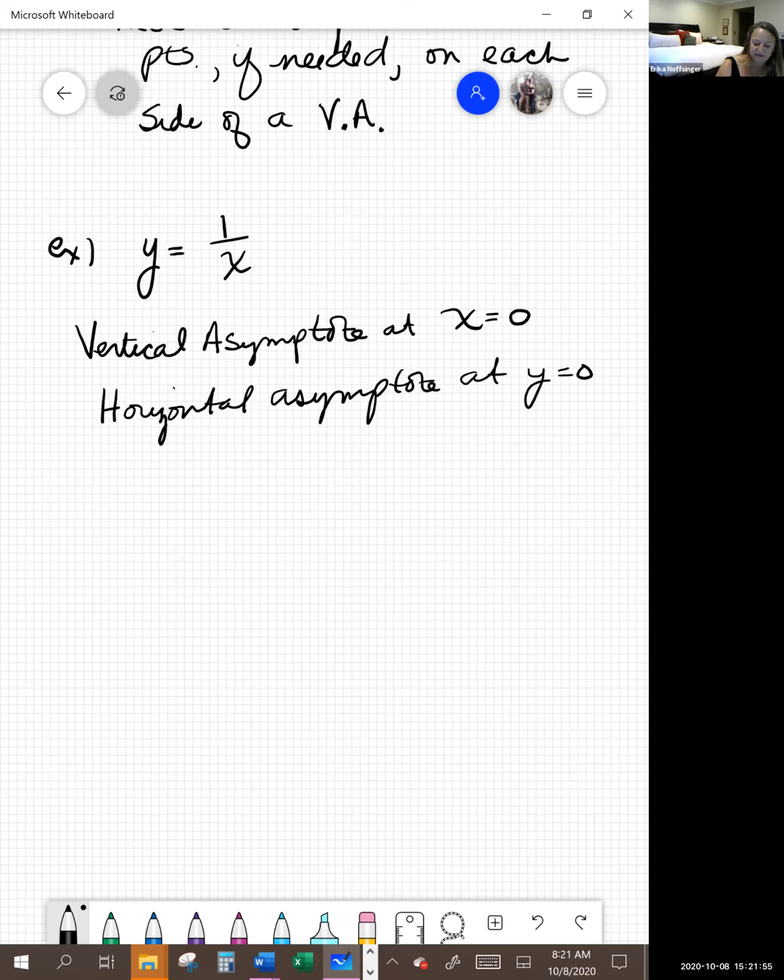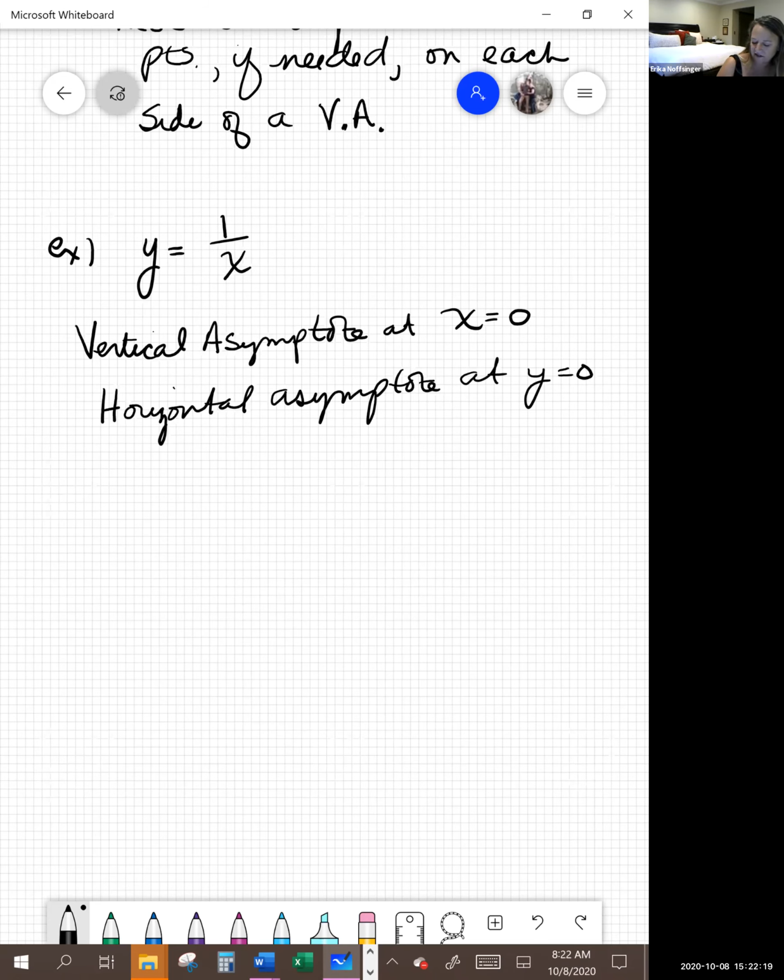If I look at finding intercepts, I notice that they don't occur. The numerator is never going to equal 0, and that's where our x-intercepts would occur. And then there's no way to figure out what value sets x equal to 0. Y is never going to be, you can't solve for it.